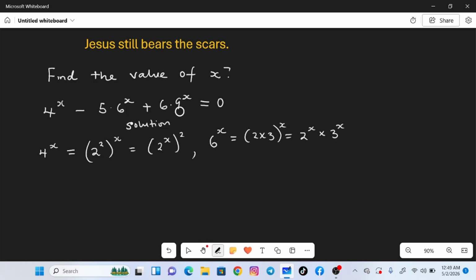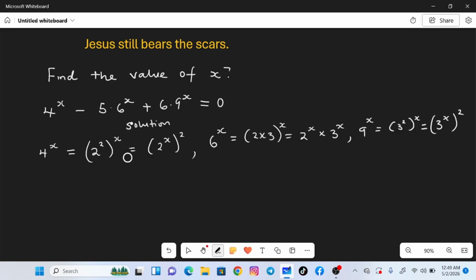Also, let us rewrite 9 raised to power x. 9 raised to power x equals 3 raised to power 2, bracket x, and we can interchange it. It can be written as 3 raised to power x, everything raised to power 2.